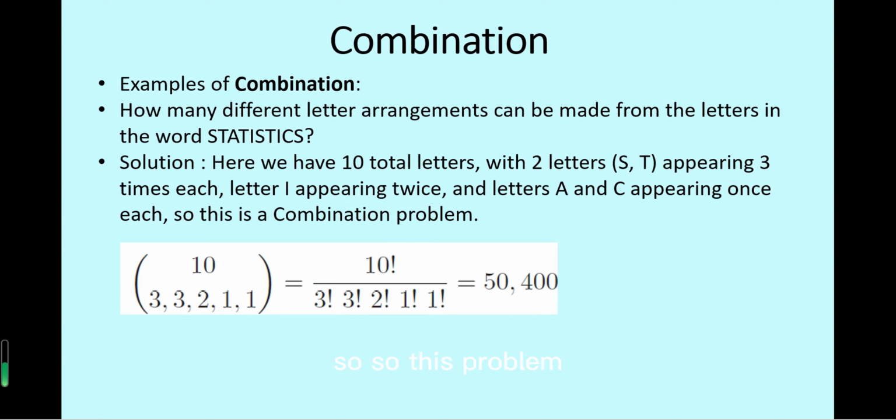So this problem is actually a permutation in the numerator divided by the grouping factors' factorials. So you can see the numerator is 10 factorial because there are a total of 10 alphabets. And we have to divide it by 3 factorial times 3 factorial times 2 factorial times 1 factorial times 1 factorial. So there are a total of about 50,400 different ways of arranging these 10 alphabets, right?